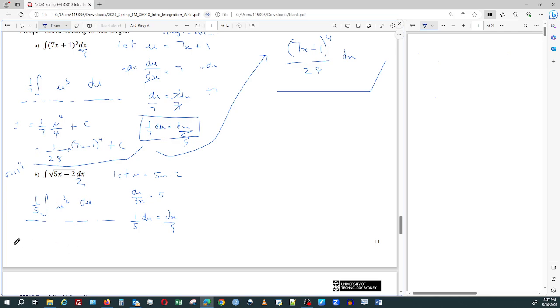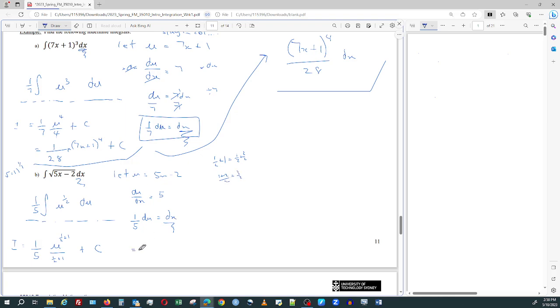So let's do the integration. 1/5, up and under, divided by a half plus 1, plus c. A half plus 1 is 1.5. I know. You thought I was being funny, didn't you? Okay. 1 plus 2 on 2, 3 on 2.